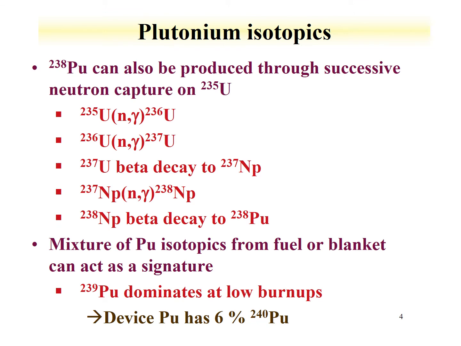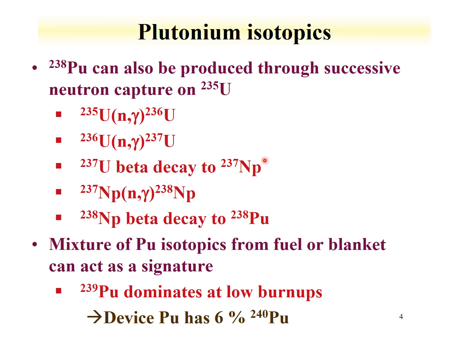Continuing with plutonium-238, this isotope can also be produced through successive neutron captures on uranium-235. As we see here, uranium-235 can form uranium-236, relatively long-lived. Neutron capture on the 236 goes to uranium-237, which would beta decay to neptunium-237.